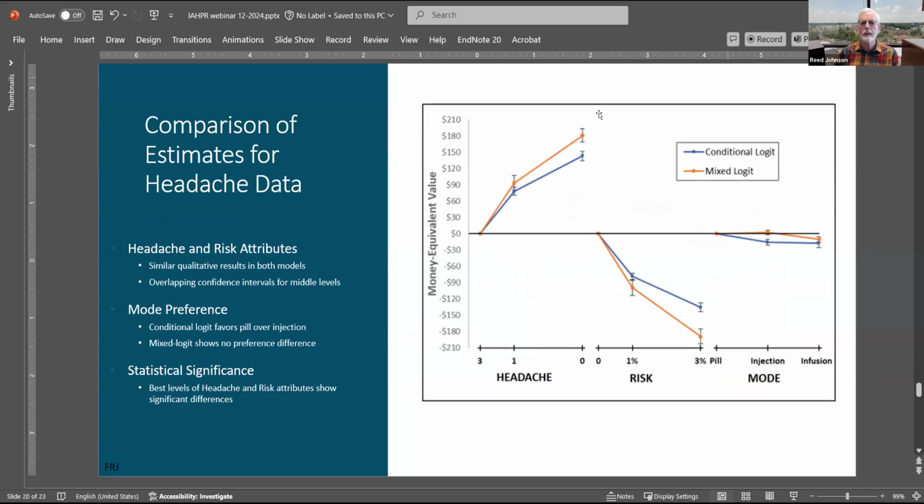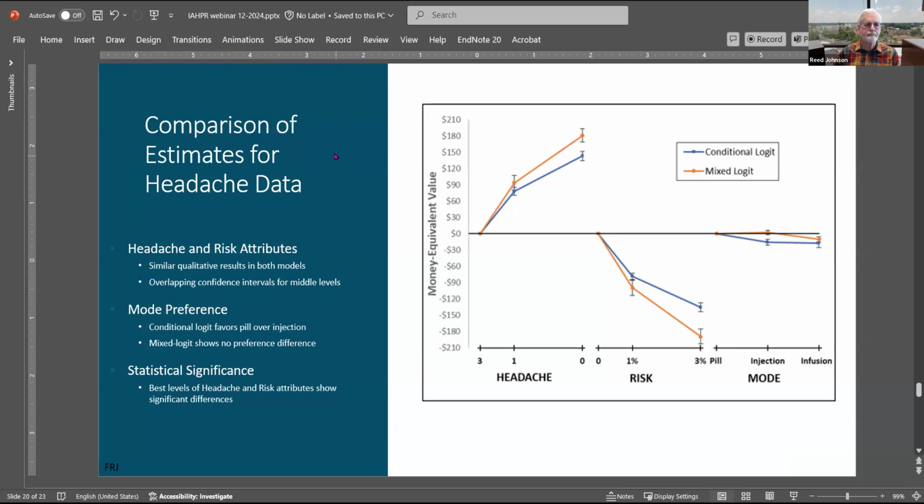Now, let's compare something called mixed logit with conditional logit. Again, I'm using the dummy coded estimates here for the conditional logit. These are the blue ones that I just showed you in the previous slide.